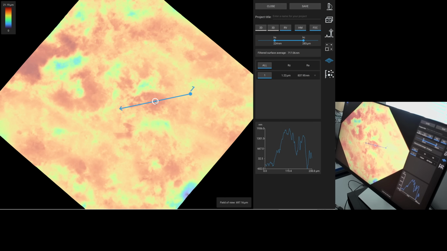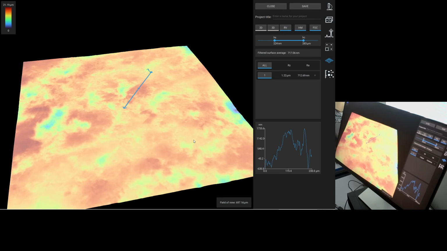Here, very much less, 1.2 microns. So there's a few holes where it's a little bit deeper. There you go. That is only 0.55 of a micron, 550 nanometers. Very, very flat.